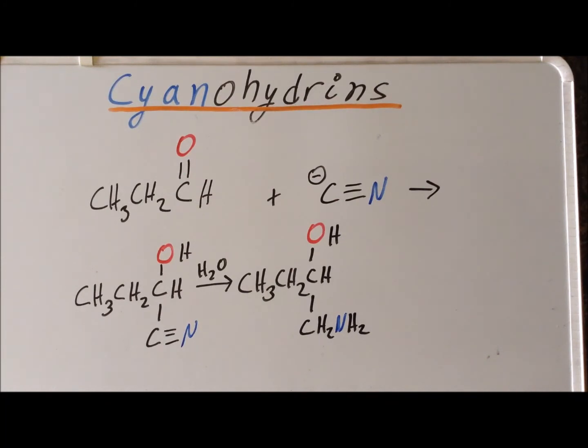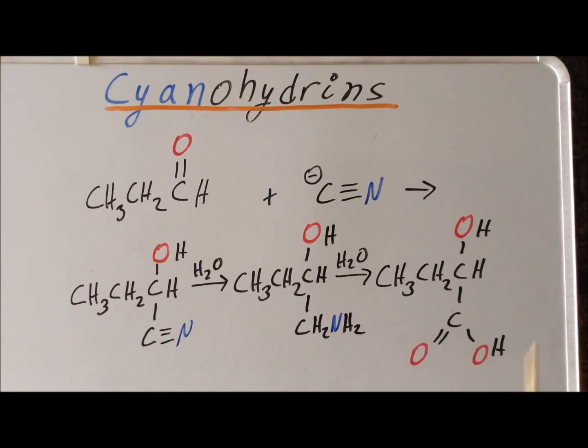Once that step is completed, we have achieved the product of 2-hydroxybutyramide. But we are going to continue hydrolysis with 1 more mole of water. We get our desired product, 2-hydroxybutyric acid.